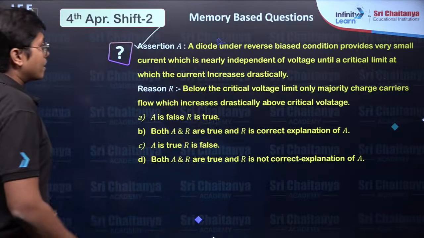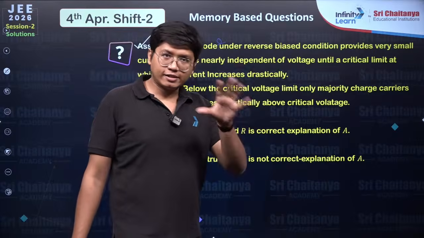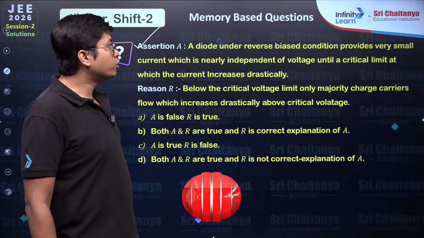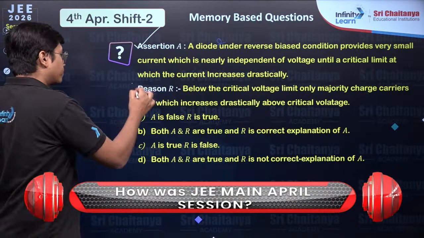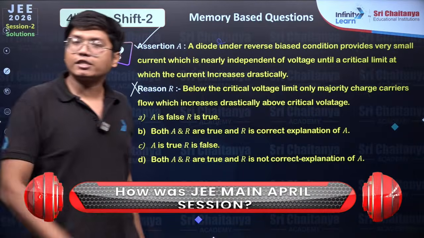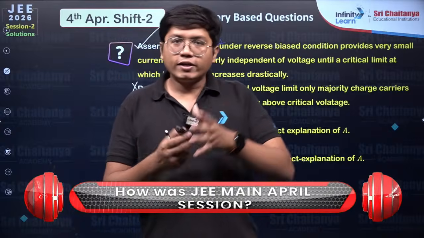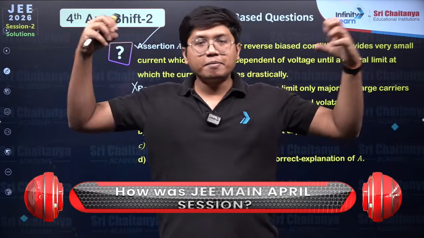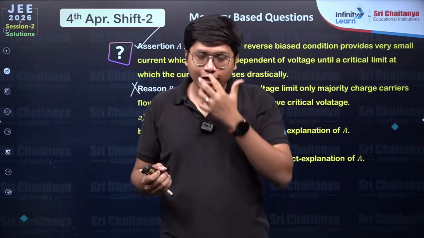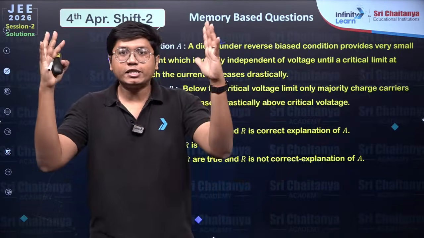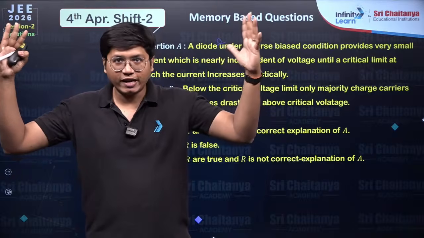Next, the reasoning. Below the critical voltage, meaning it's still reverse biased, only majority charge carriers flow which increases drastically. Nope. It is the minority charge carriers that move, because over there the majority charge carriers are held in place by the reverse bias. The reverse saturation current comes from the depletion region, which in reverse bias is pretty wide.